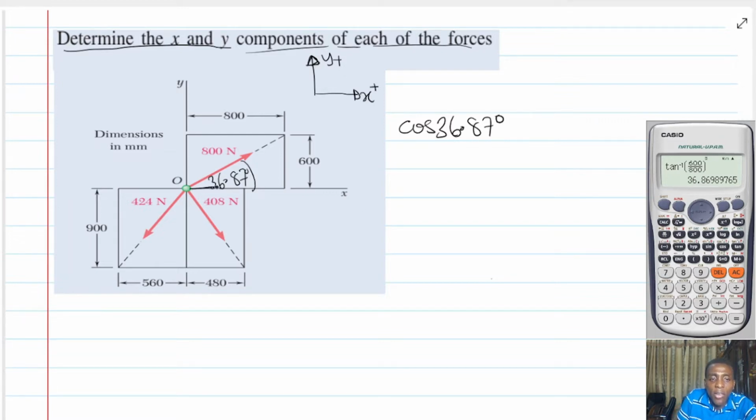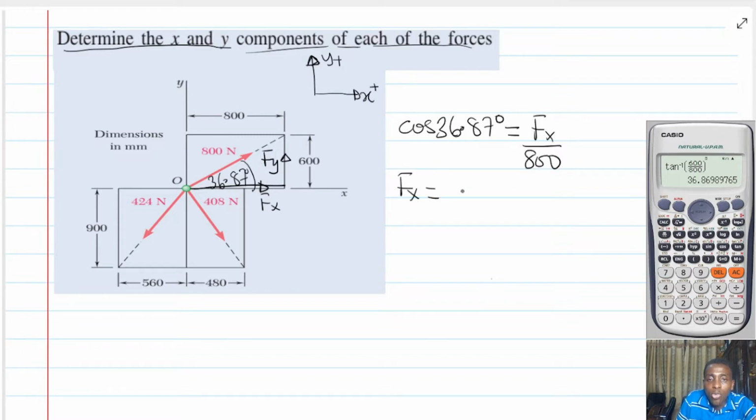So Fx is the component of the force along the x direction, and Fy is the component of the force along the y direction. Okay. It's going to be adjacent, which is Fx, divided by the hypotenuse, which is 800.